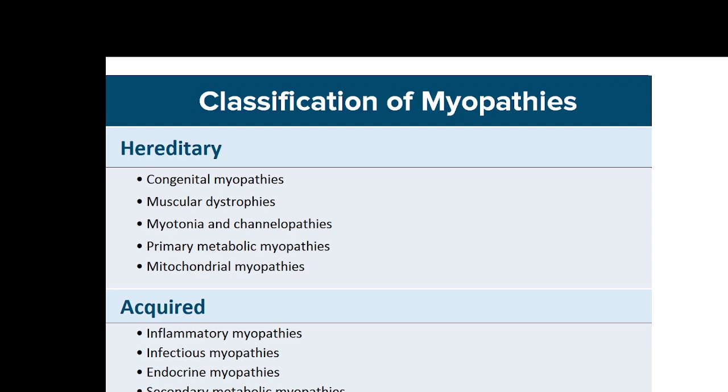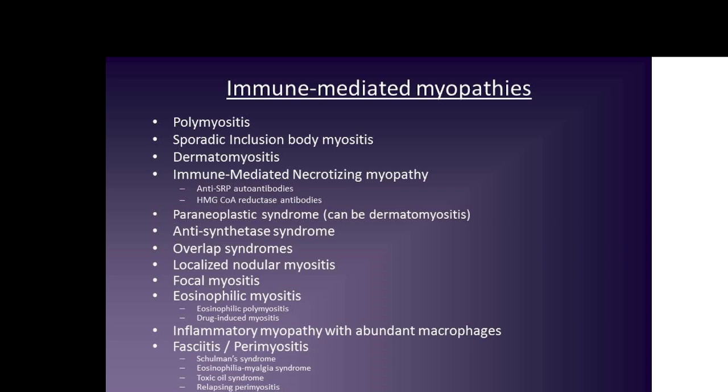Whereas the acquired conditions are inflammatory myopathies, infectious myopathies, endocrine myopathies, metabolic pathology, and drug-induced and toxic myopathy. Among drug-induced toxic myopathies, of course, the statin-induced condition may also be considered. That is an issue of confusion.